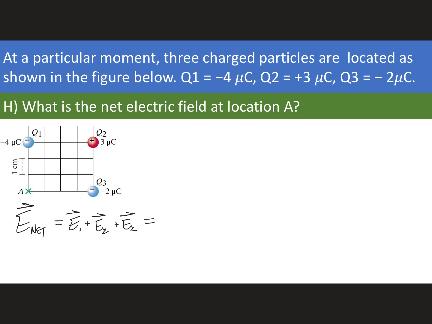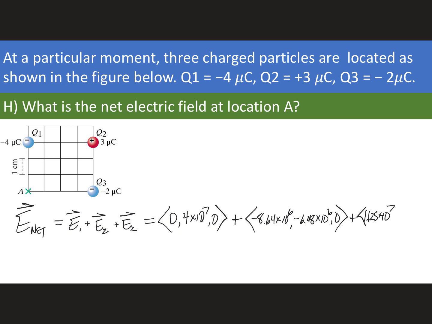E1 was no x, but a 4 times 10 to the 7th. E2 was the long one, 8.64 times 10 to the 6th, negative 6.48 times 10 to the 6th, 0. And the one we just did was 1.125 times 10 to the 7th, 0.